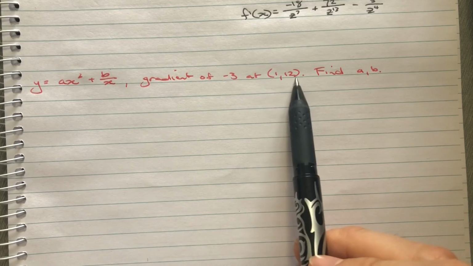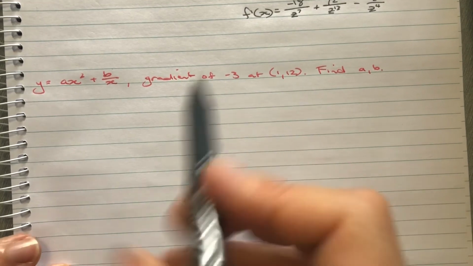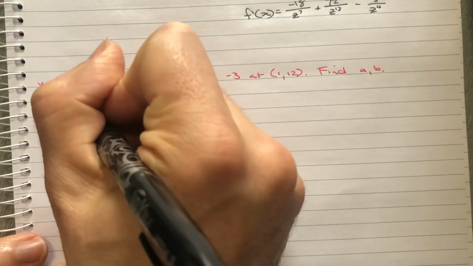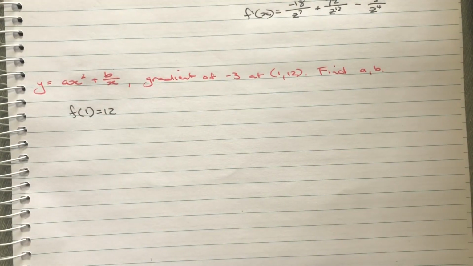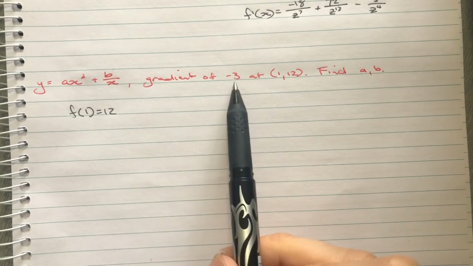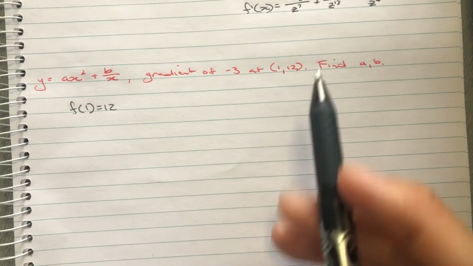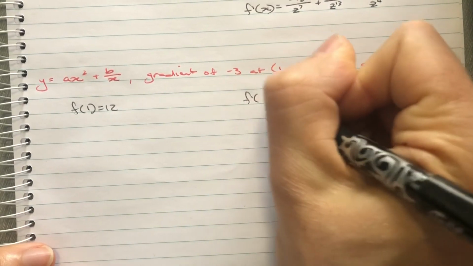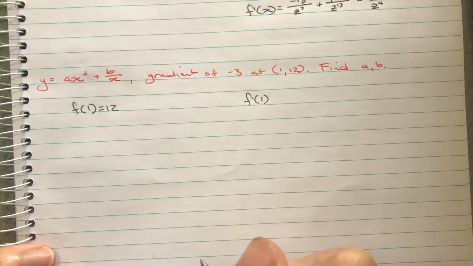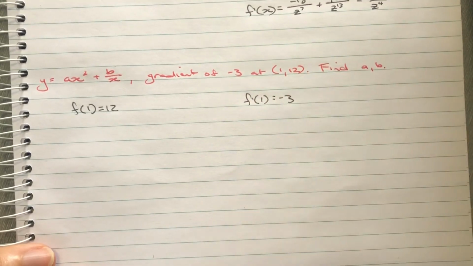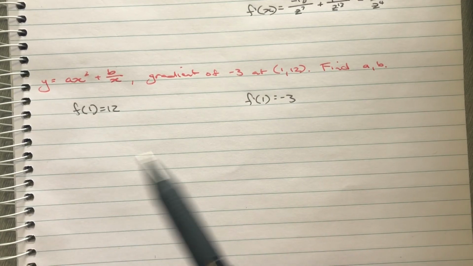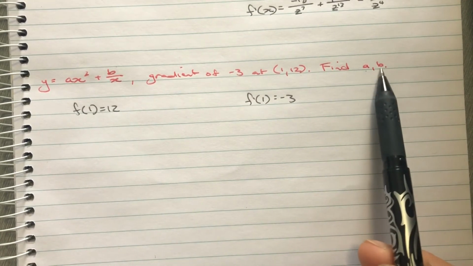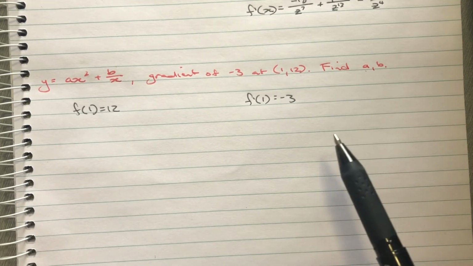The line goes through 1 and 12, so that means that where x is 1, y is 12, so that's one piece of information that we have. But it's also said that the gradient's -3 at that point. Okay, so the gradient where x is 1 is -3. See how they've given us two pieces? Now they've given us two pieces of information and we want to find two different values. So that's going to work for us.